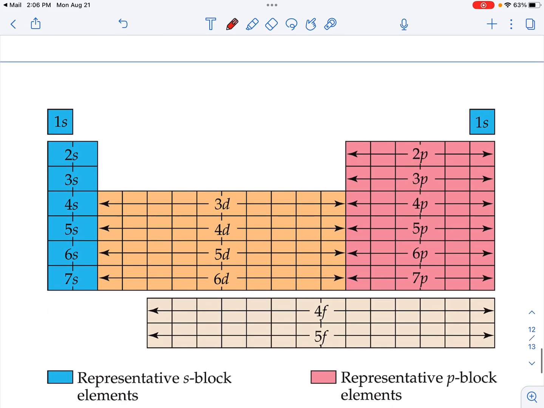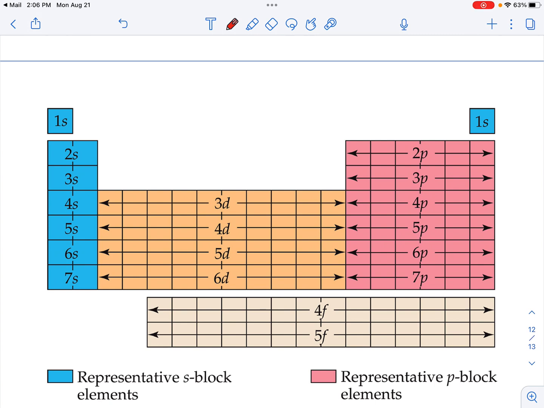Okay, here's a zoom in so you can see a little bit better, just to give you an idea. This would be hydrogen, helium, lithium, beryllium, boron, carbon, nitrogen, oxygen, fluorine, neon, etc. Each one of these boxes represents a particular element on the table, and so I could just count it across to generate the electron configuration.